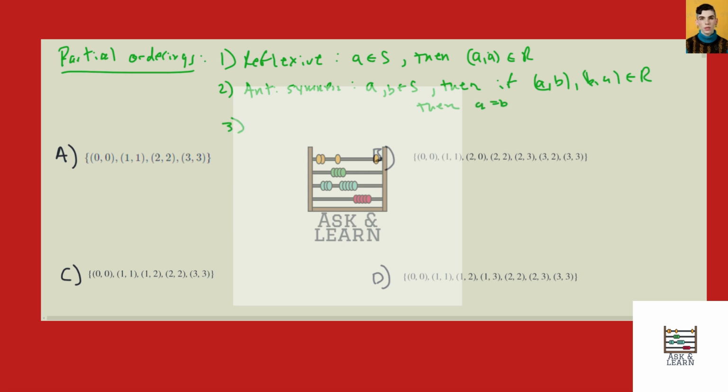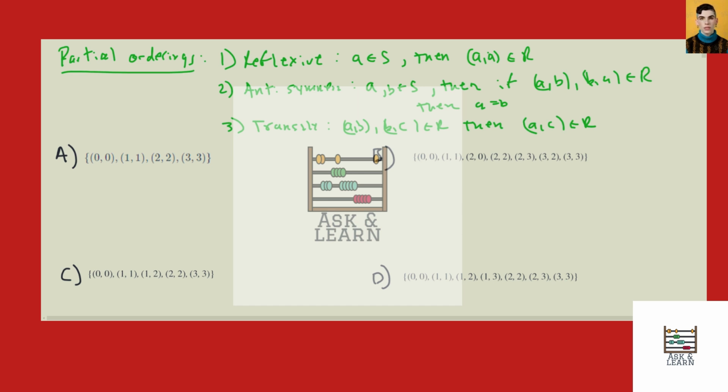And then lastly, we want transitive, which means if (a, b) and (b, c) are elements of R, then (a, c) is also an element of R. So we just need to keep these in mind when we're doing this.